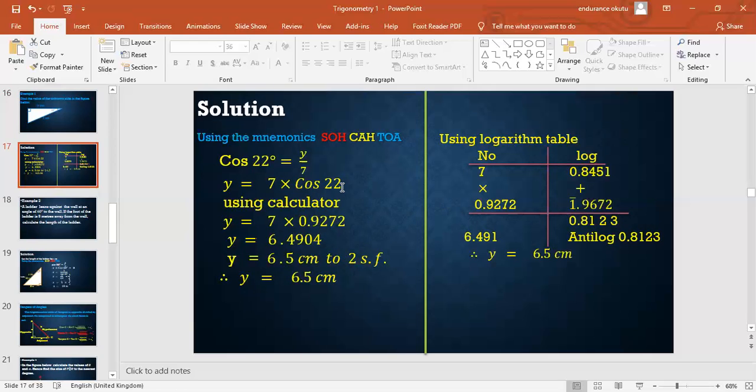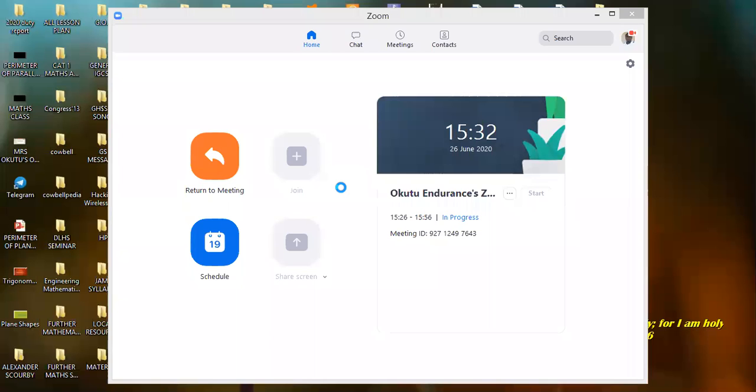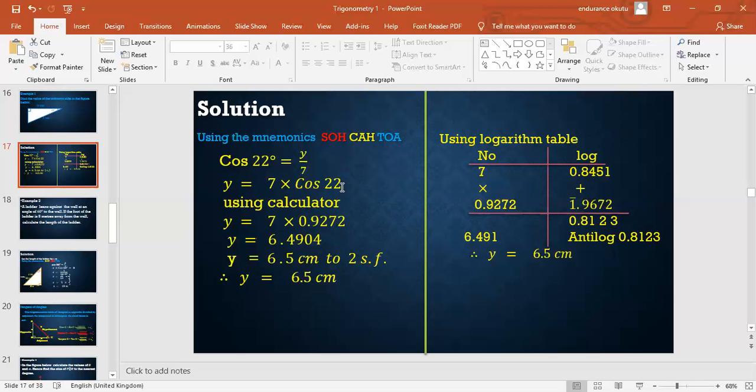All right. Now we can also use our logarithm table in solving this question. Recalling the solution, y is equal to 7 times 0.9272. The log of 7 is 0.8451, and the log of 0.9272 is 1.9672.